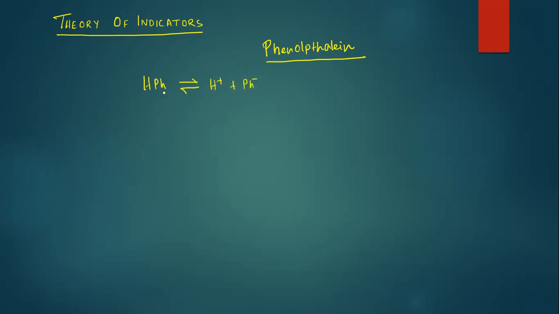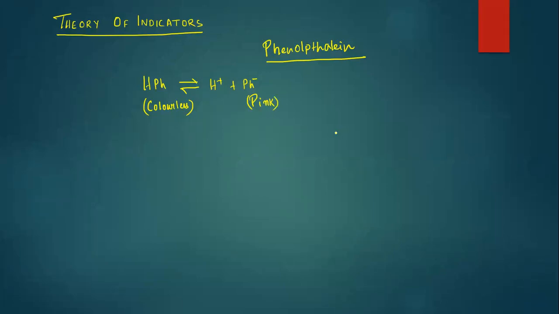Now this HPh in undissociated condition is colorless. Ph- is pink. So when it dissociates, it shows pink color. When it doesn't dissociate, it shows no color, colorless.